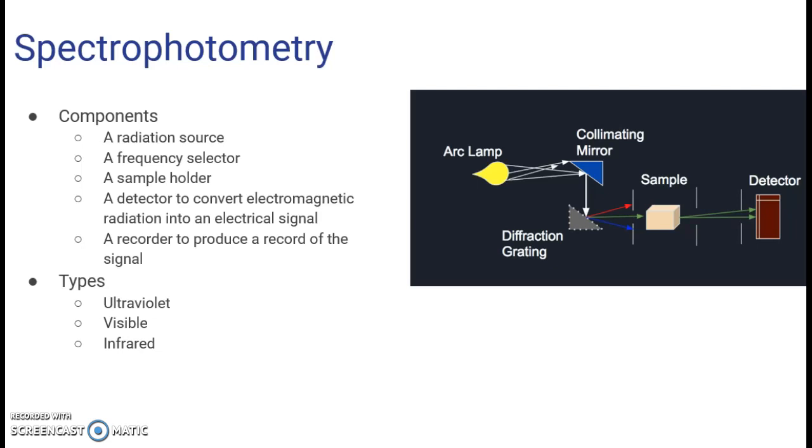And then you have a recorder that will take that signal and put it onto paper or put it onto a record. So there's three types of spectrophotometry that we use. Ultraviolet, which uses ultraviolet light. Visible, which uses visible light. And then infrared, which uses infrared wavelengths.